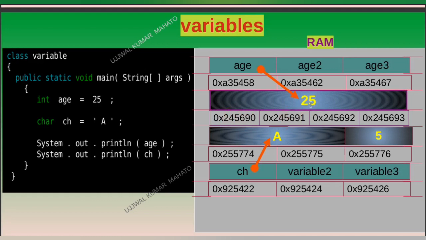And since 25 is of type integer, it requires 4 bytes. So you can see here the 4 bytes: first is here, second byte is here, third byte is here, and fourth byte is here.